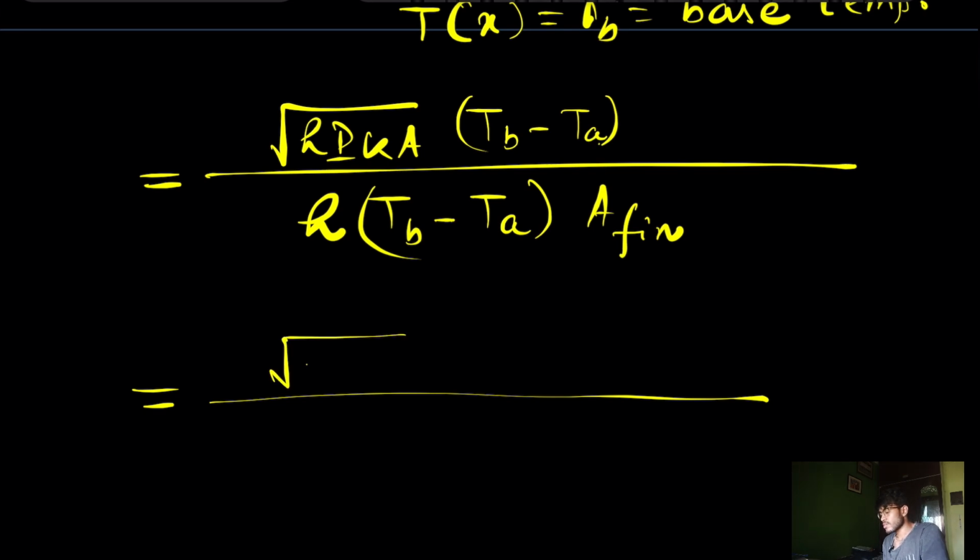So this will be HPKA, this will be here H. Now this will be cancelled out, this and this will be cancelled out, and this will be H into A fin is what?